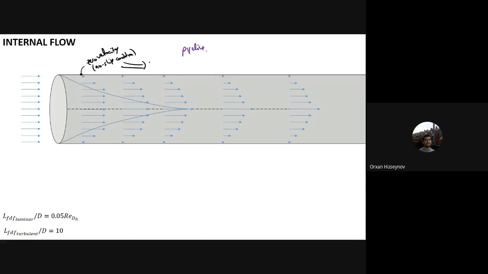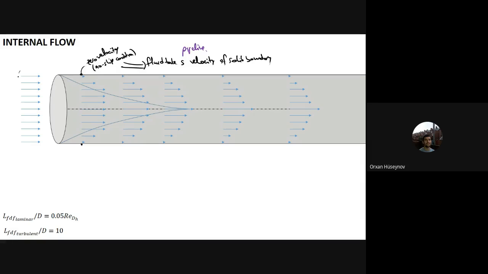The no slip boundary condition means that the fluid takes the velocity of the solid boundary. In our case, the pipeline doesn't move, therefore the fluid will have zero velocity here.